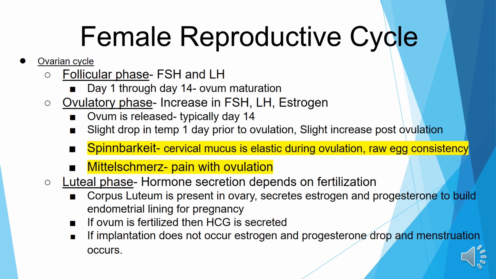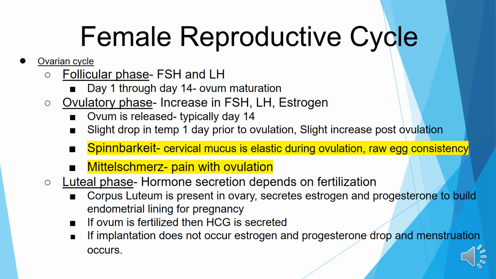So the follicular phase, I give you what days the follicular phase typically happens in a normal cycle. And for each phase, I also give you what hormone is driving that phase of the reproductive cycle. The follicular phase is driven by FSH, or follicle stimulating hormone, and luteinizing hormone. And these two are focusing on growing an egg.